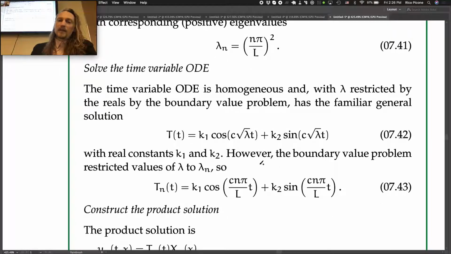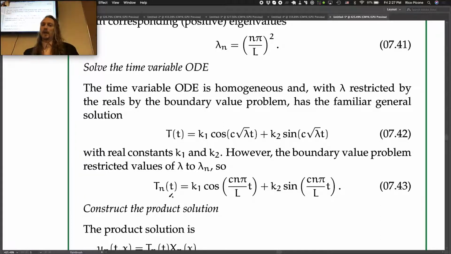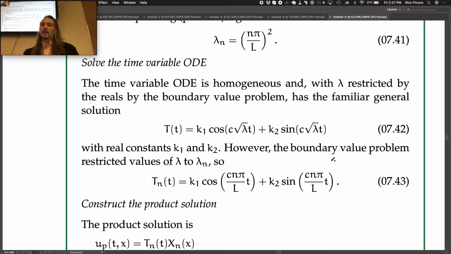With some phase and amplitude. So K1 and K2 determine what that phase and amplitude are going to be. However, the boundary value problem restricts values of lambda to lambda n, so we can say that the time solution for a given n is given by this expression where we plugged our lambda n in there for lambda.